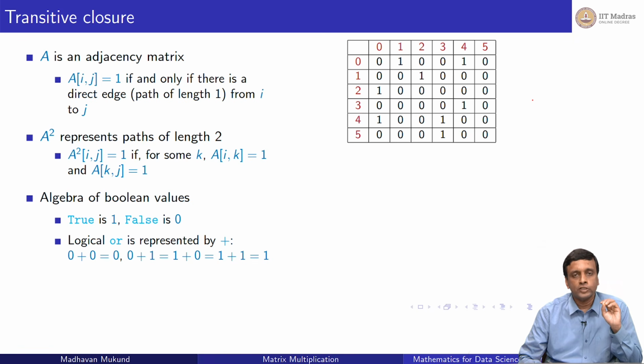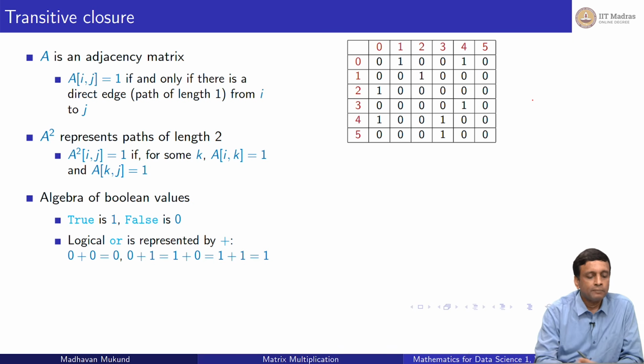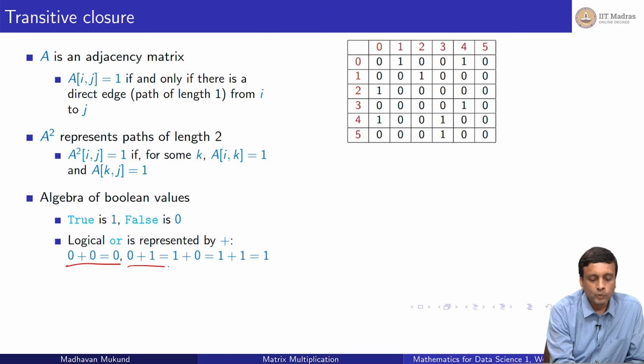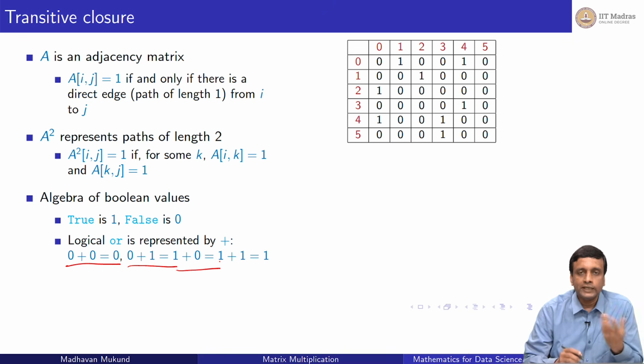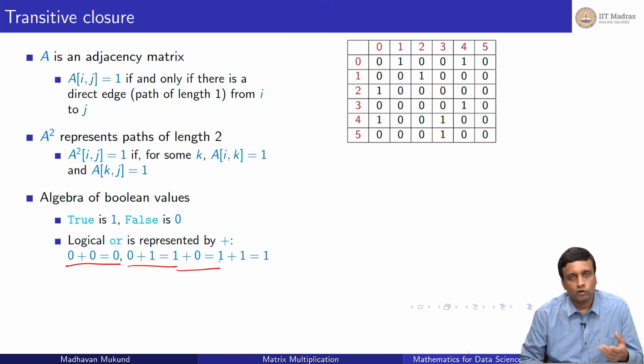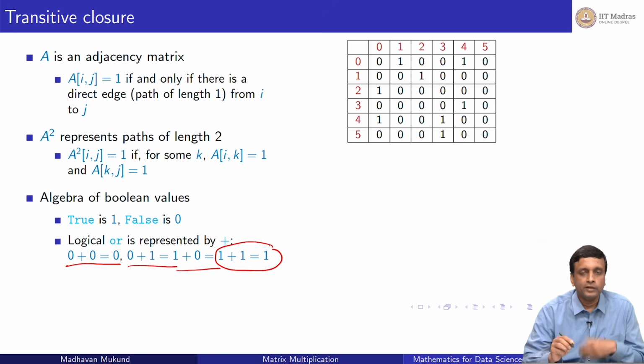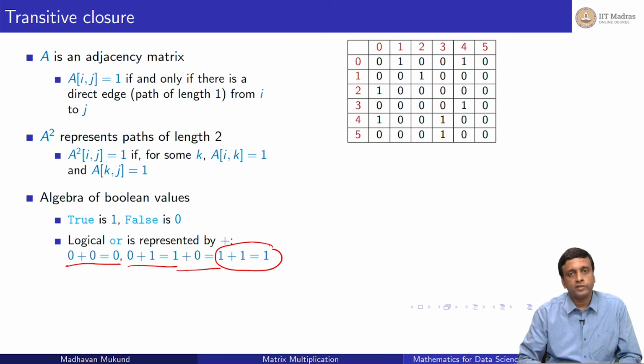So we are taking the logical OR, which says false or false is false, and false or any other pair gives true, by saying that if plus is OR and 0 is false, then 0 plus 0 is clearly 0, 0 plus 1 is 1, and 1 plus 0 is 1. This might even follow from the fact that they are numbers. Obviously even as integers 1 plus 0 is 1 and 0 plus 1 is 1. What is perhaps surprising from a numeric point of view is that 1 plus 1 is also 1.